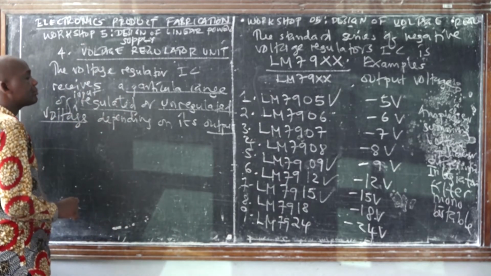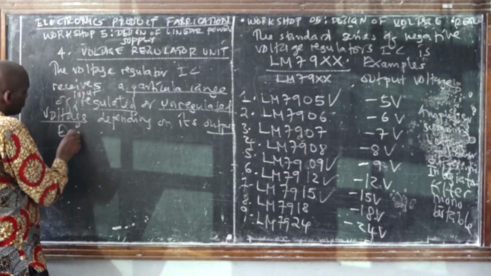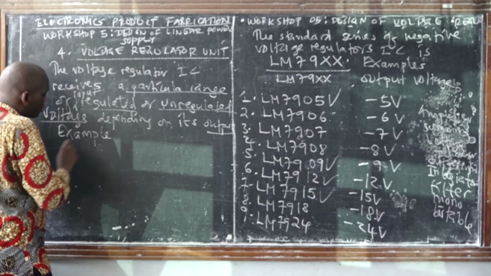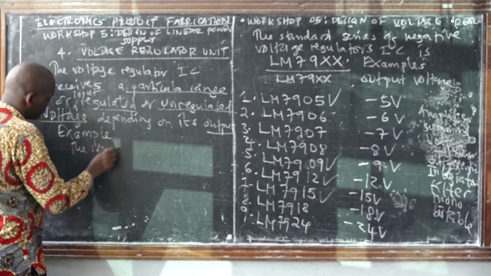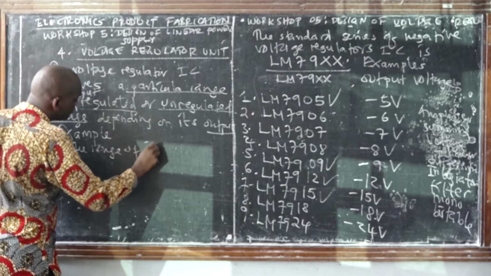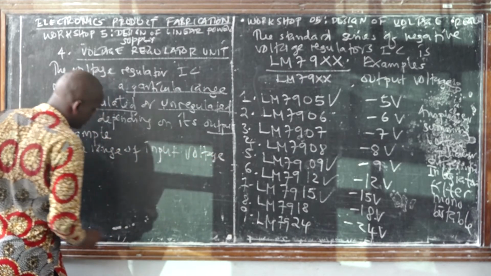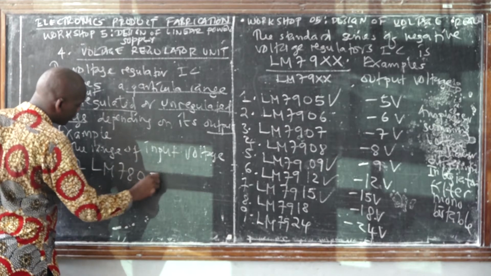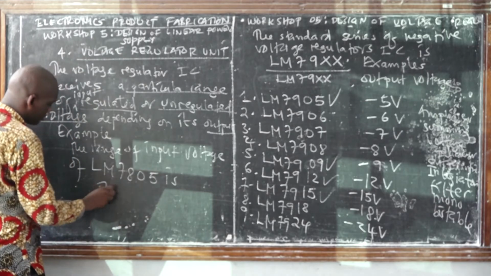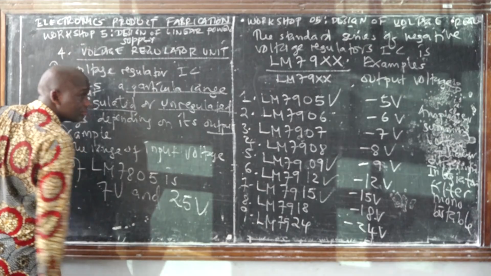Let me teach you this concept by example. The range of input voltage of the LM 7805 is 7 volts to 25 volts.